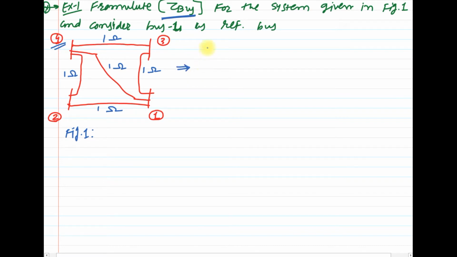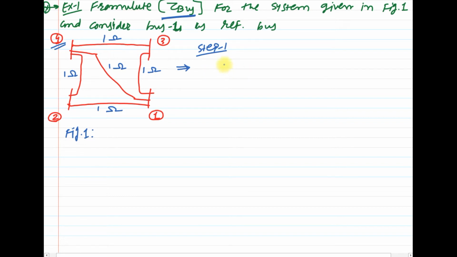So step number 1, first step for calculation of this bus impedance matrix is we have to derive or draw the tree, co-tree, or I can say graph, tree and co-tree.